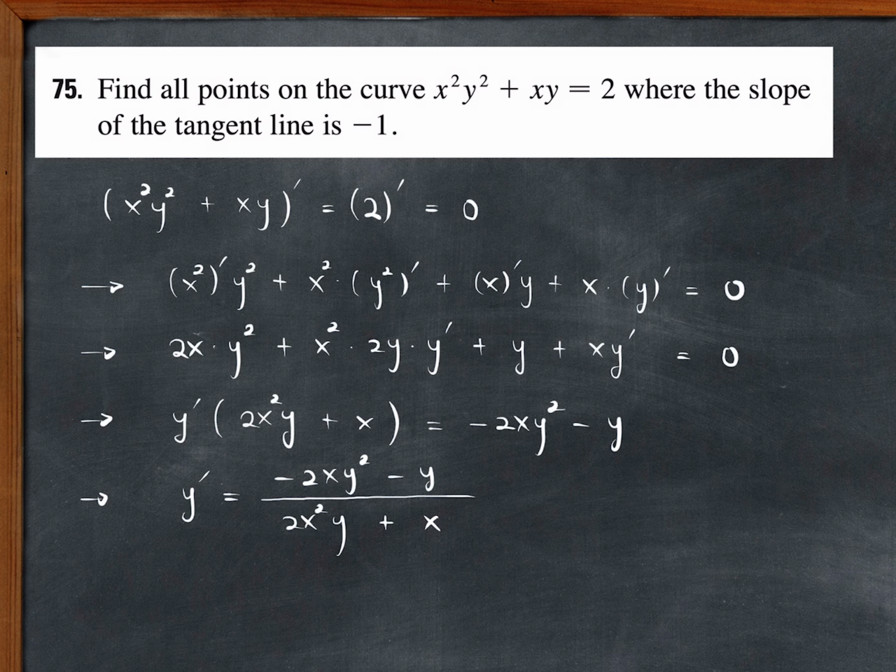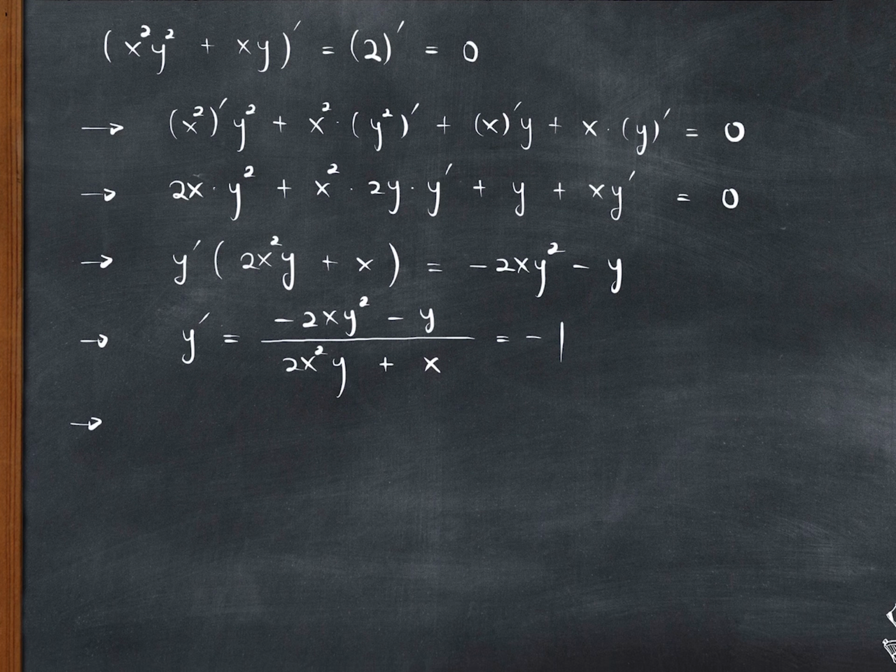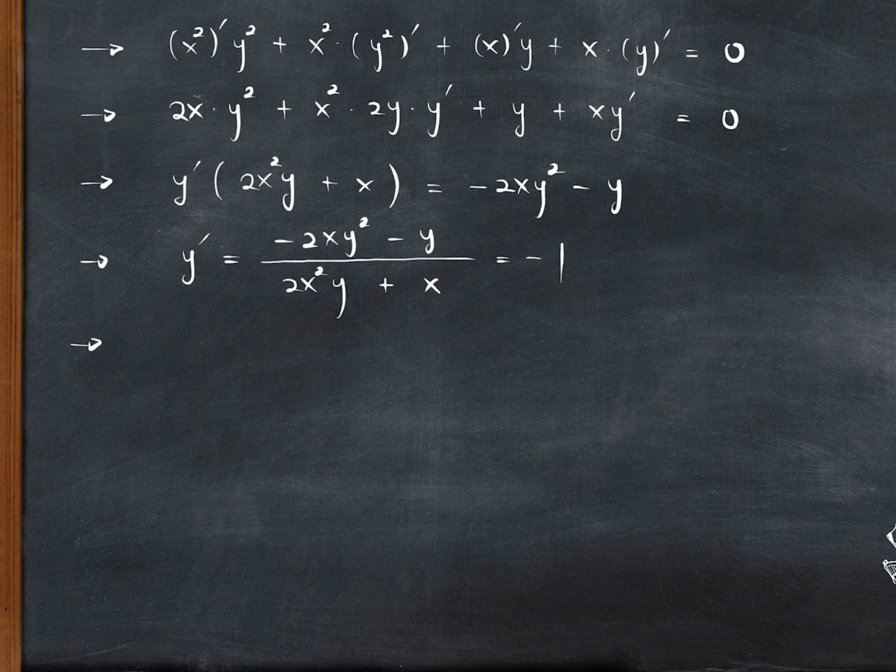So this is the expression for y prime. We note that the slope of the tangent line is -1, so let's set this equal to -1. Now we can try to solve for x and y. To solve this equation, I'd like to multiply the denominator to both sides. So it becomes -2xy squared minus y, and it's equal to -2x squared y minus x.